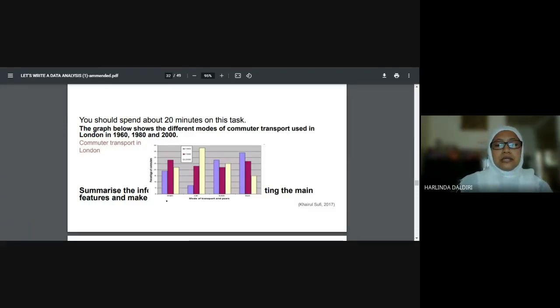If you cannot read the fine writing there, it's train, car, tube, and bus. The different colored bars here represent the years. If I'm not mistaken, it's 1950, 1980, and 2020. Or it's written here, 1960, 1980, 2000, not 2020. So this is actually a dynamic bar graph.